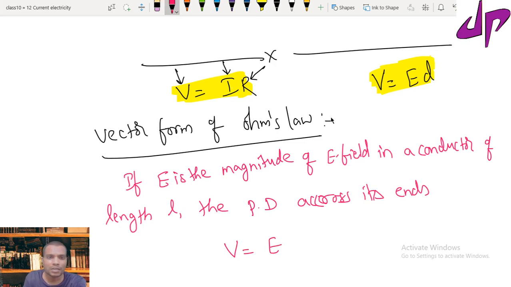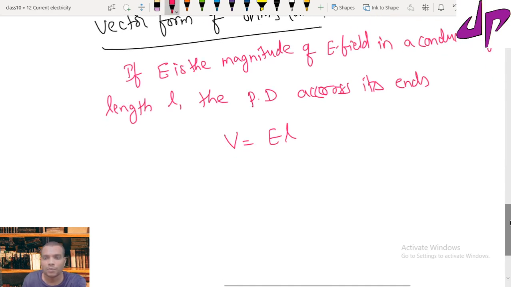This is the formula, but here I have taken the length as L, because to calculate the resistance we need to depend upon that.